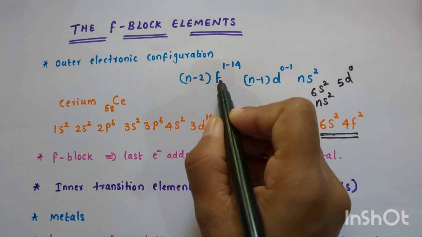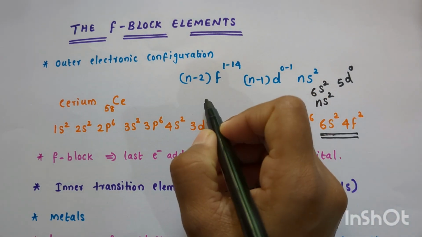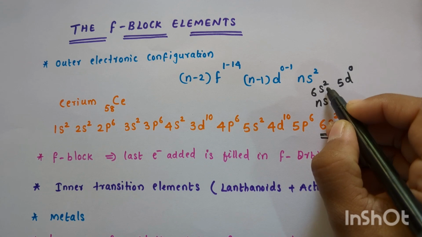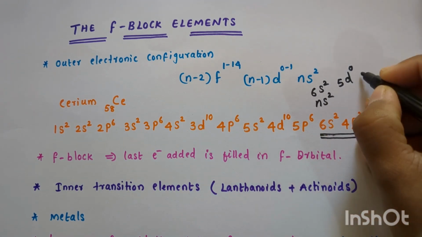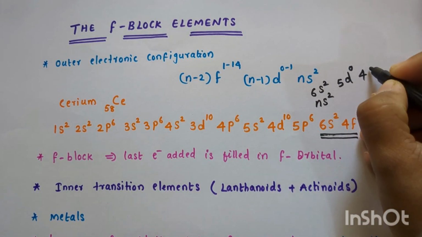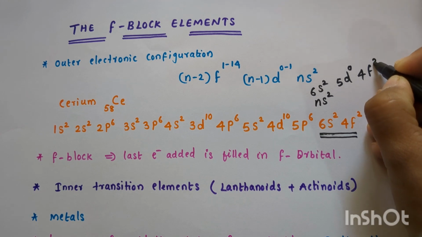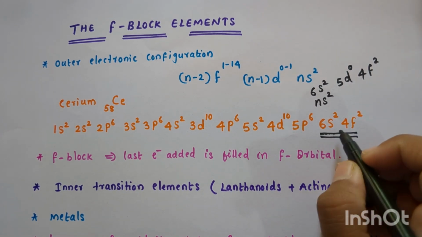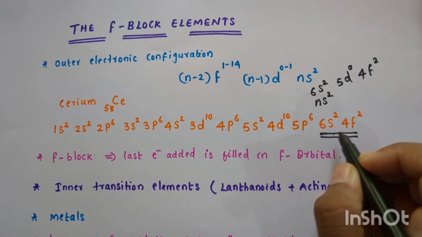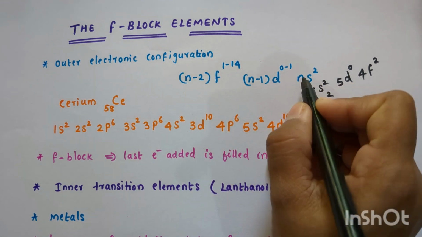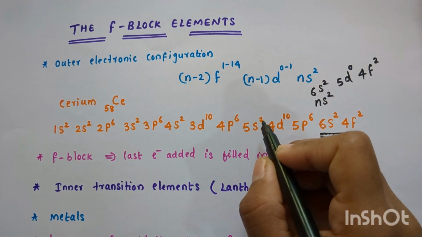Then (n-2)f^1-14: n-2 means 6 minus 2, which is 4. So 4f, and here we have 2. So the outer electronic configuration of cerium is as per this general outer electronic configuration.